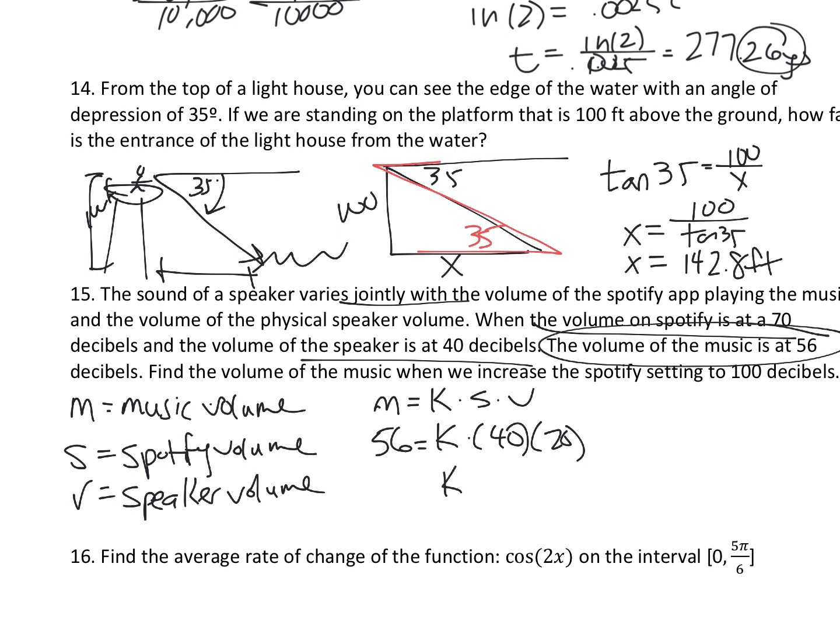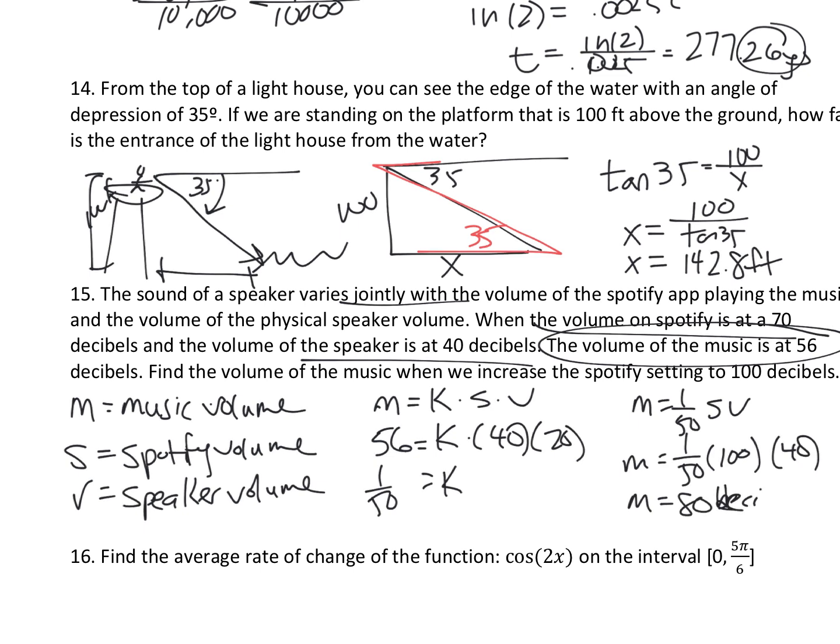So I have to solve for my constant. When I divide, I get my constant is approximately 1 over 50. And so now I have this equation. And then it says, let's say I change the Spotify volume to 100. So the speaker volume is going to stay the same, which gives me a final of 80 decibels.